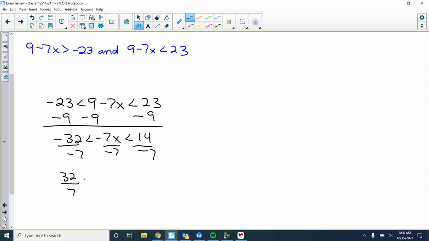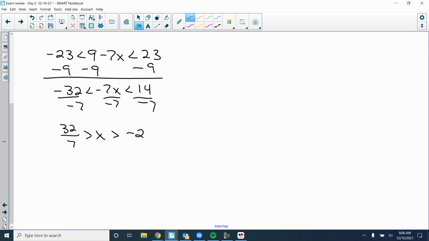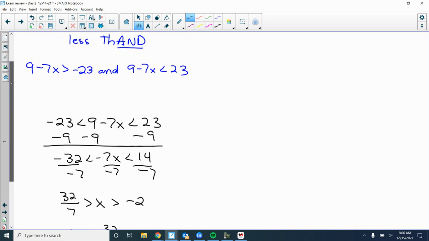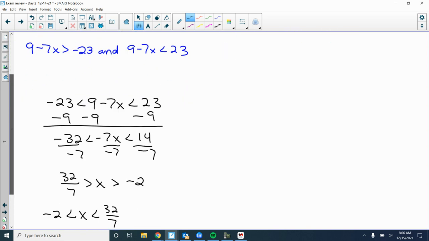That's 32 over 7 is greater than x is greater than -2. We always write it going less than. We want the smaller number over here, so we're just going to flip everything: -2 is less than x is less than 32 over 7. In interval notation, is it less than or equal to? Just less than.